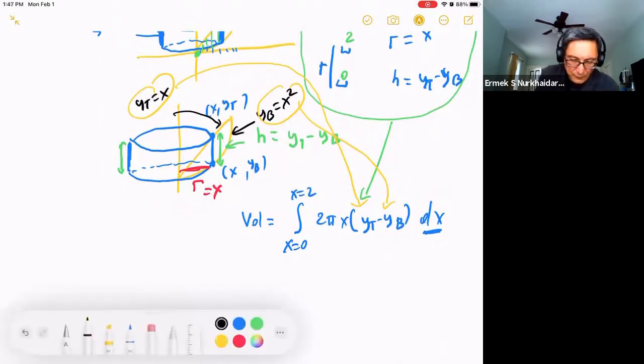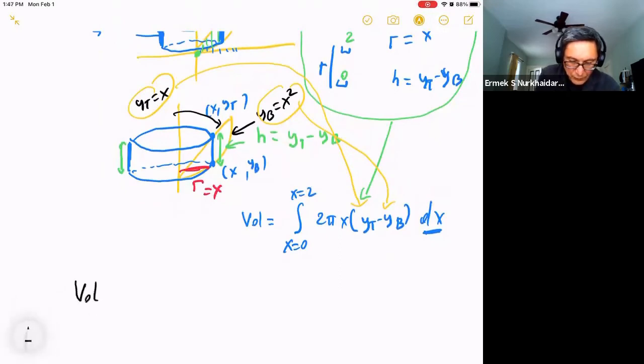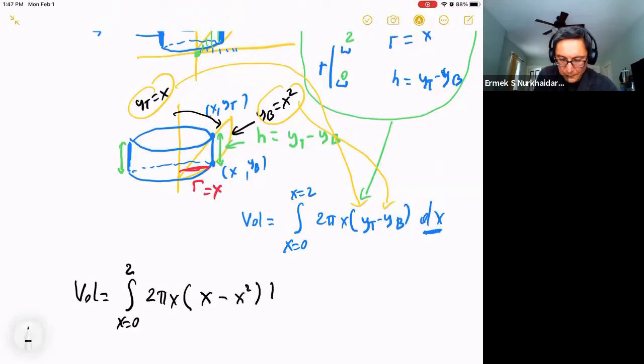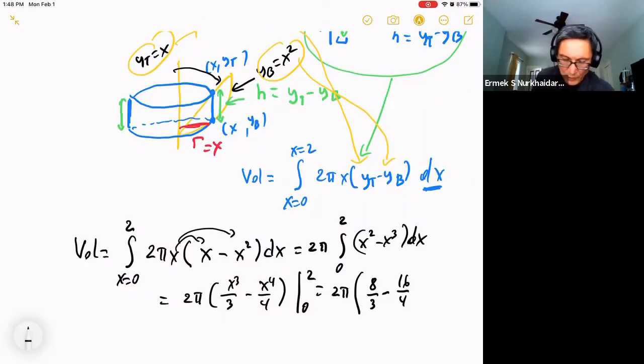And eventually we get the integral, so volume equals the integral from x equals 0 to x equals 2 of 2 pi x, y top is x after substitution, y bottom is x squared, dx. Absolutely, y top is 2x.